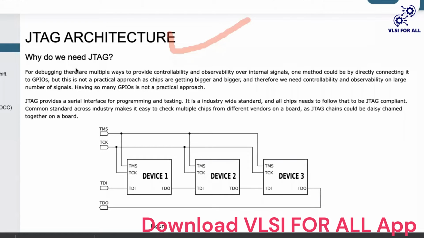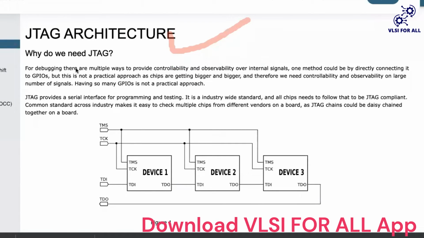So JTAG is just one mechanism through which this is being provided. Suppose there is one chip and one module, and inside this module you need to get controllability over this pin, and there's one output pin which you need to observe.